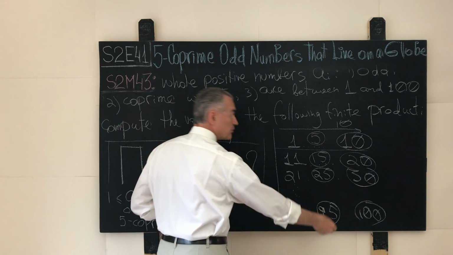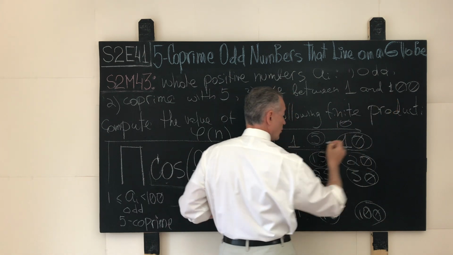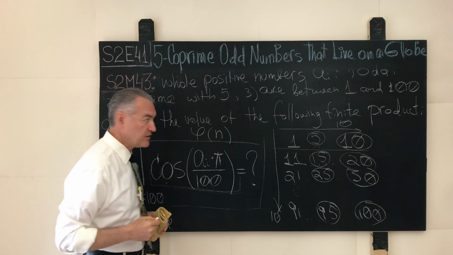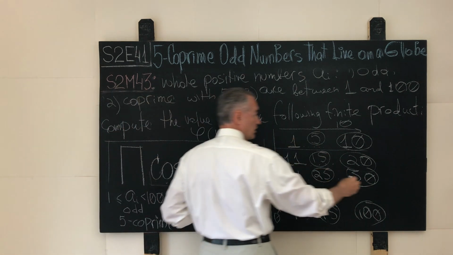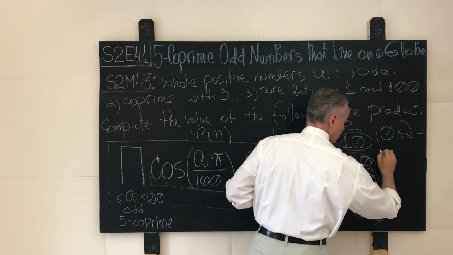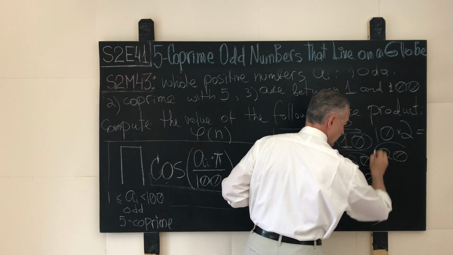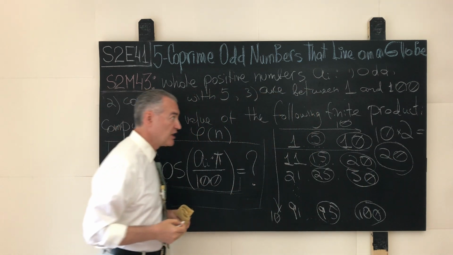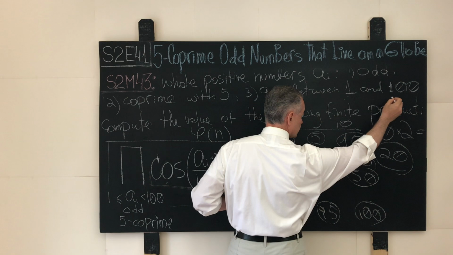Consequently, how many numbers between 1 and 100 will have the prime factor of 5 in their prime factorization? Well, 10 times 2 will be 20. 20 numbers, in plain English, divisible by 5 between 1 and 100.